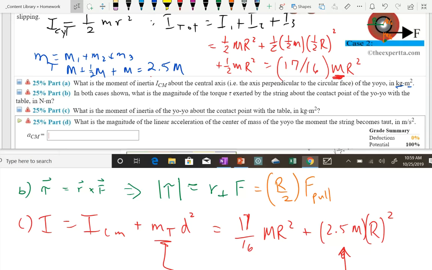But this problem is trying to lead you to now simply apply the rotational equivalent of Newton's second law about the point of contact. So if I'm going to apply the rotational equivalent of Newton's second law, what do I need to do? What were the first steps in solving a dynamics problem? Okay, the first one was to identify this as a rotational dynamics problem.